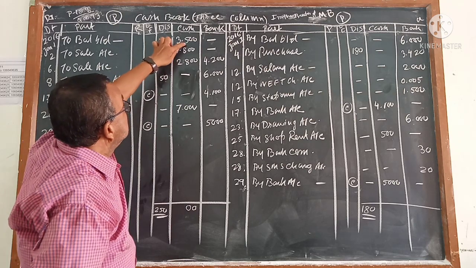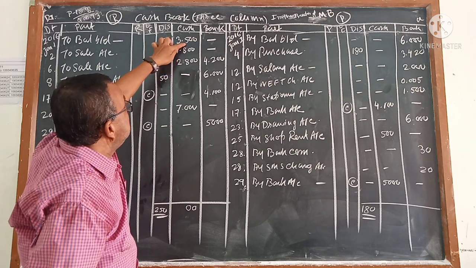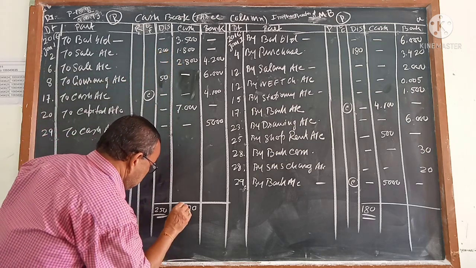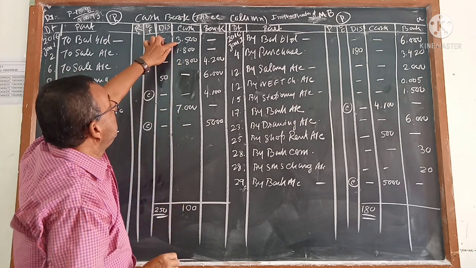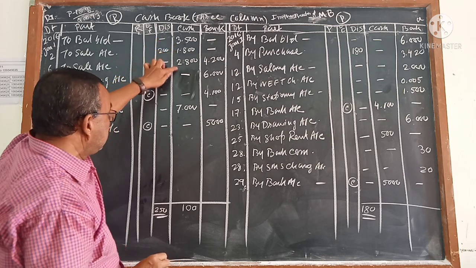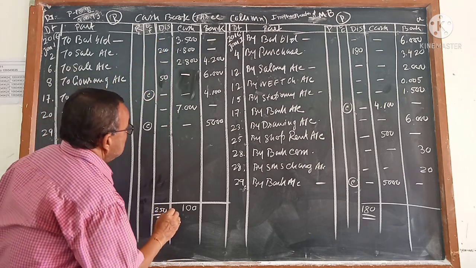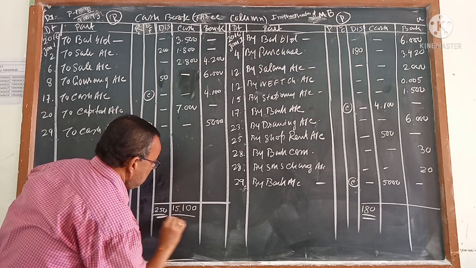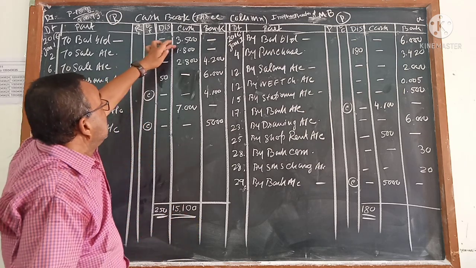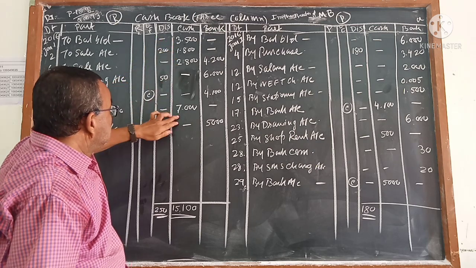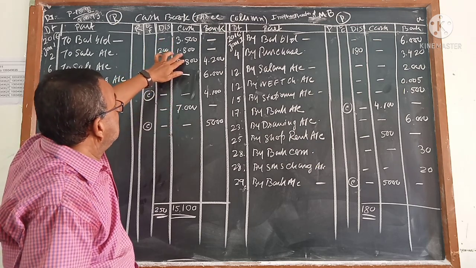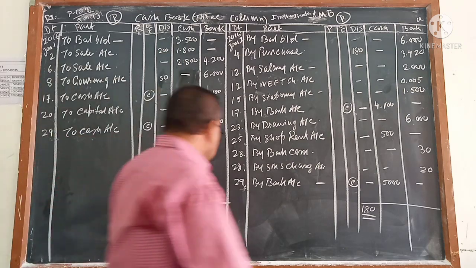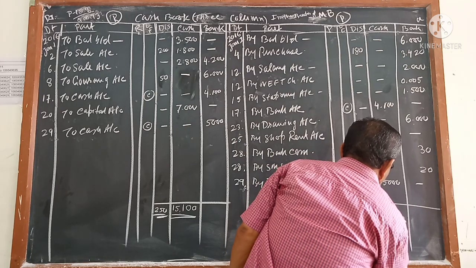Now the third digit: 8, 8, 16, 16 plus 5 is 21, 1 and 2 in hand, 2 plus 3, 5, 6, 7, 8, 8 plus 7, 15,100. Let me check once more, 15,000, okay, 15,100.